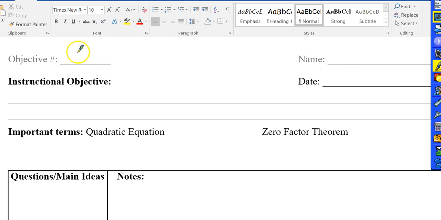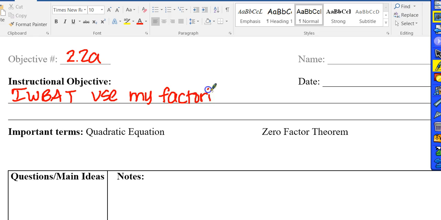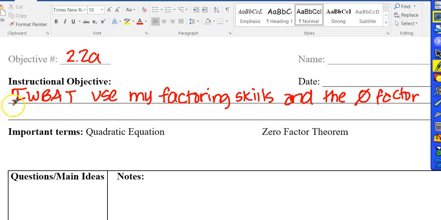So our objective is: I will be able to use my factoring skills and the zero factor theorem to solve quadratic equations.